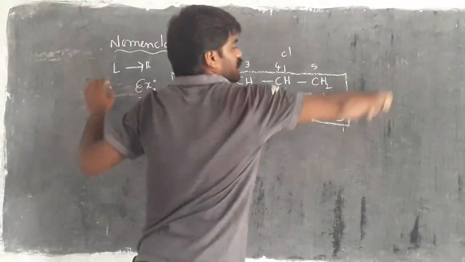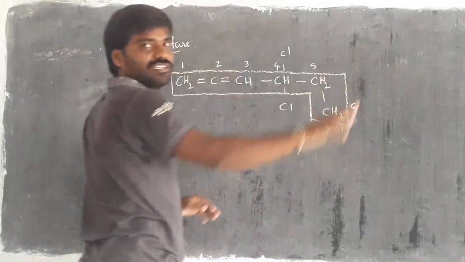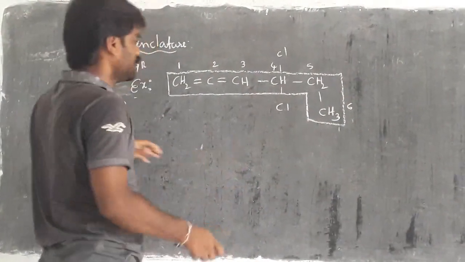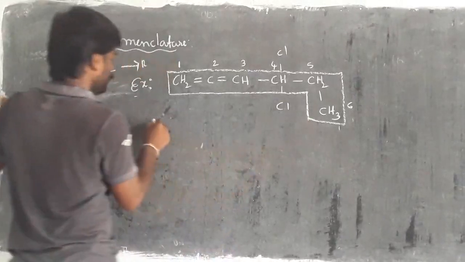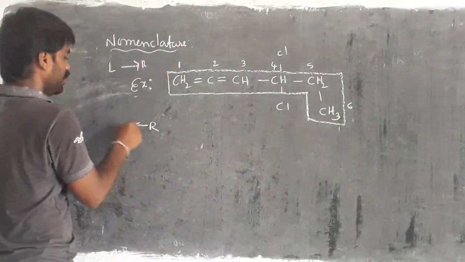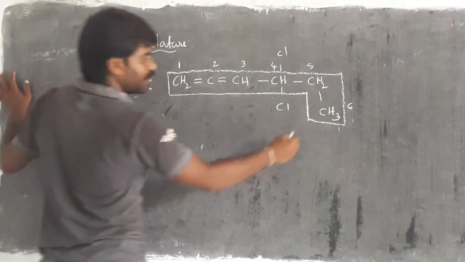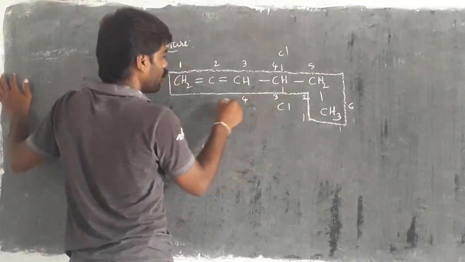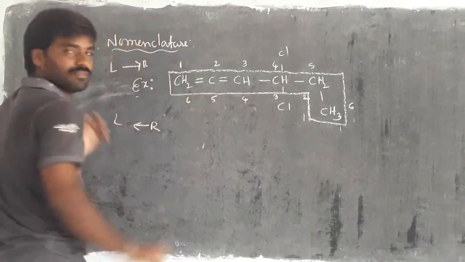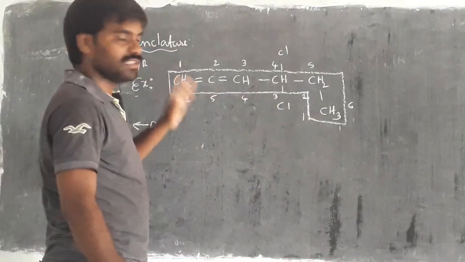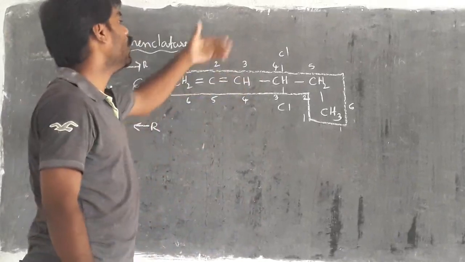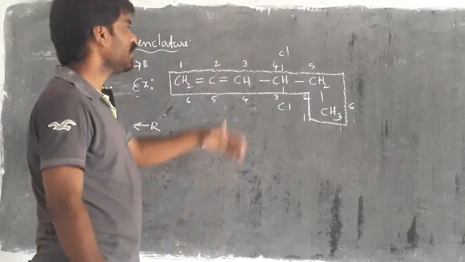Even though we have to adjust it like this straight, we don't need to transfer it anew. That is one numbering from left to right, completed. Now we are going to write right to left: 1, 2, 3, 4, 5, 6. So numberings are finished.